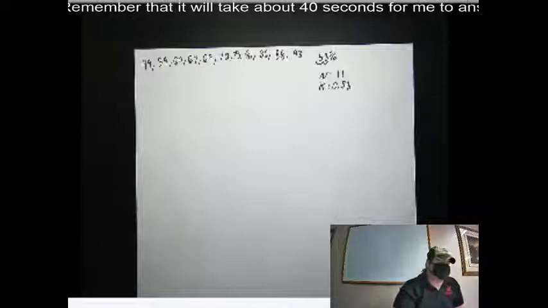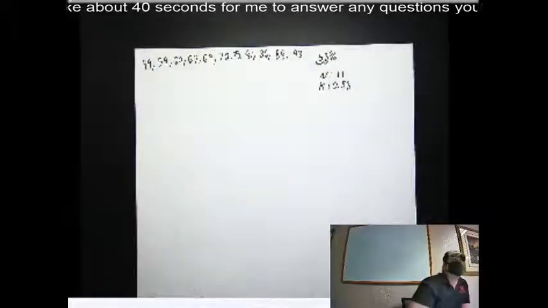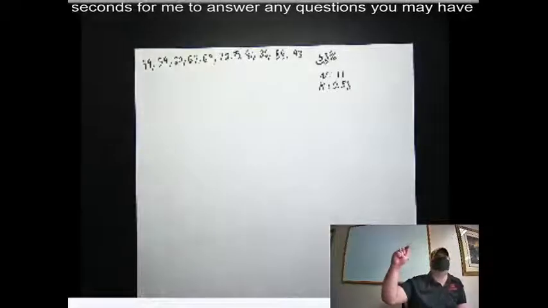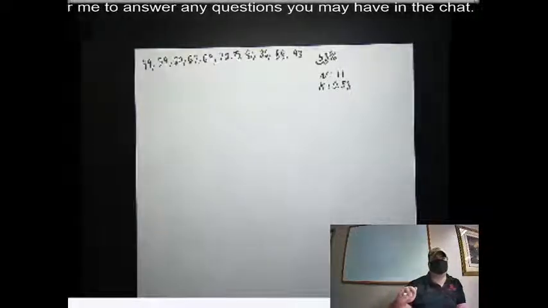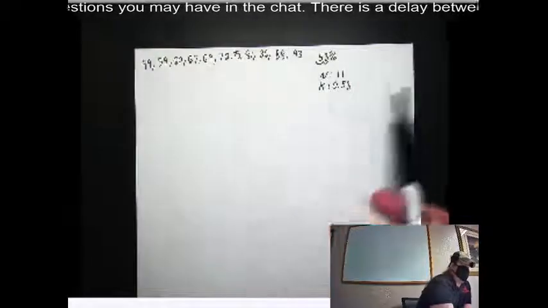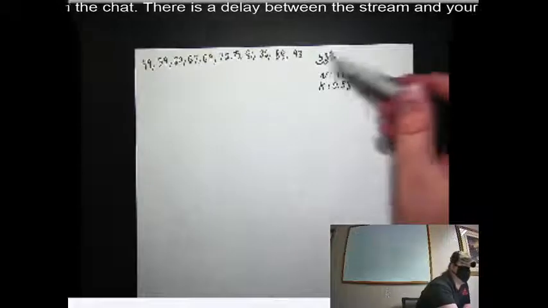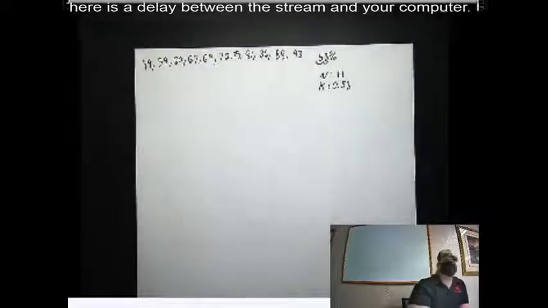So what we're doing here is we're saying, all right, 53%. We want to know where 53% happens in here. But 53% is out of 100. What we want to know is where out of 11, 53% happens. So that's why we need to convert this into a decimal.